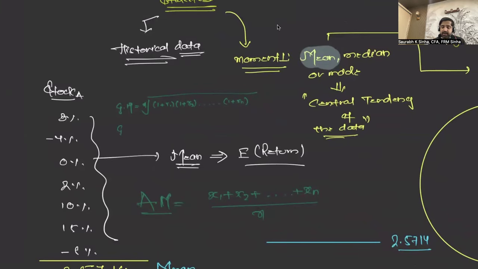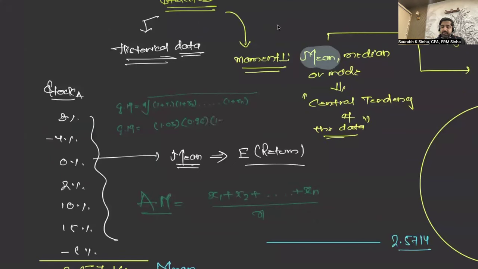So how would you calculate it? The geometric mean would become 1.03. Why 1.03? Because 3% is 3 upon 100. Then 1 minus 0.04, which will make it 0.96.